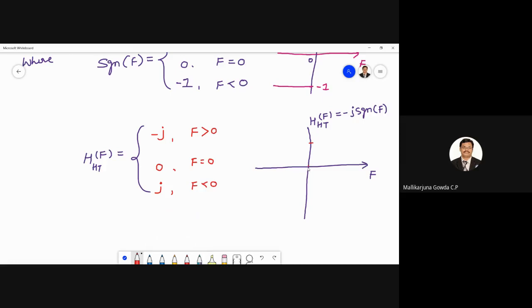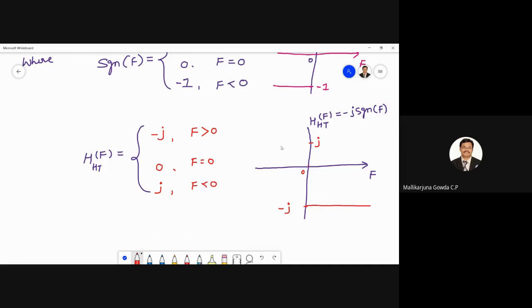Three values: minus j, 0, and j. For f greater than 0, it will be minus j.